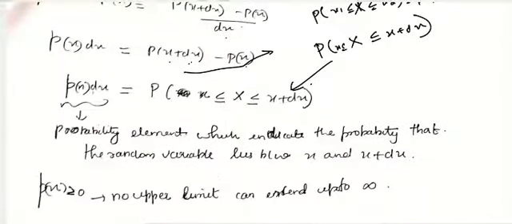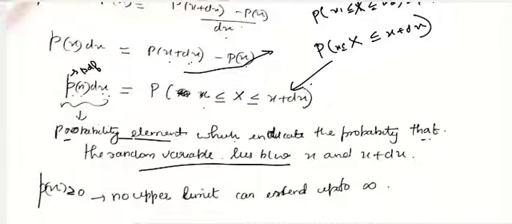So, the P of x into dx, that is our probability density function into dx, is the probability distribution between x and x plus dx. So, this is known as probability element, which indicates the probability that the random variable x lies between x and x plus dx. Okay, you are getting what I am saying.